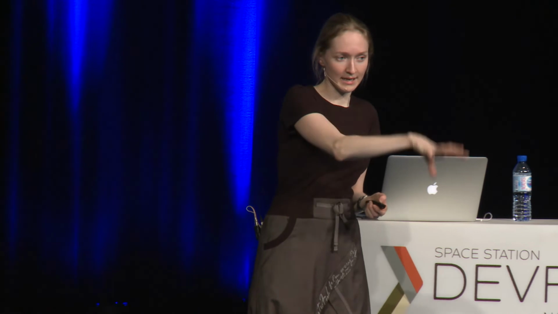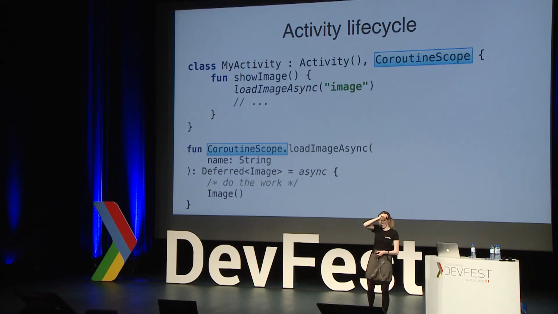And on create, we create a so-called job. The job represents the lifetime of the activity. We create this job, and whenever inside your activity you call either async, launch, or your custom async functions, they are bound to this job.